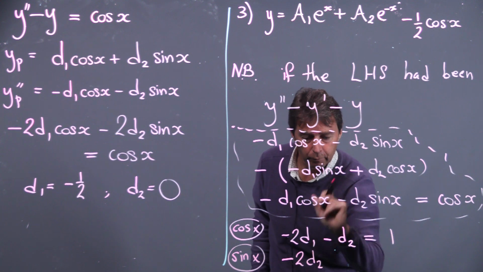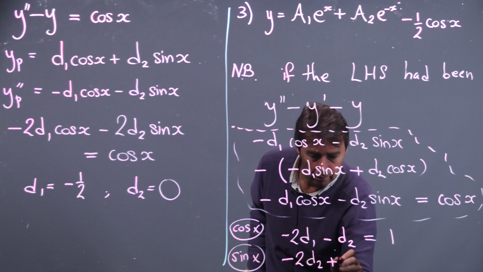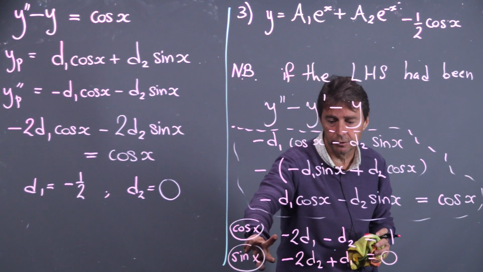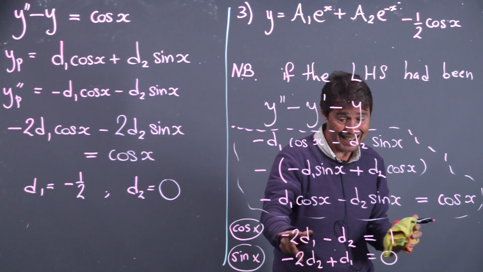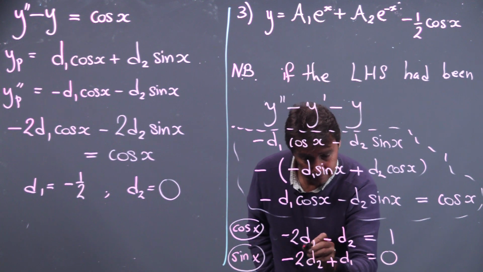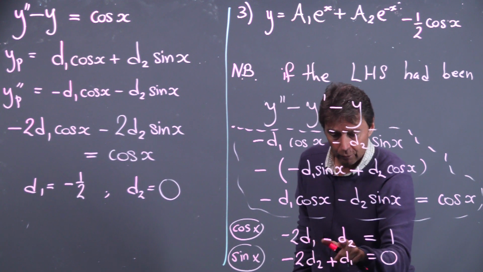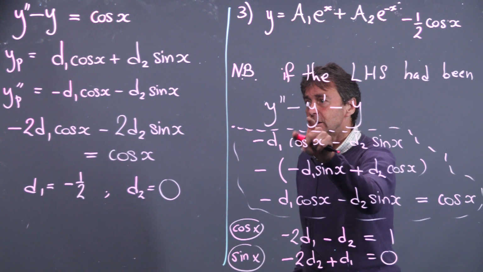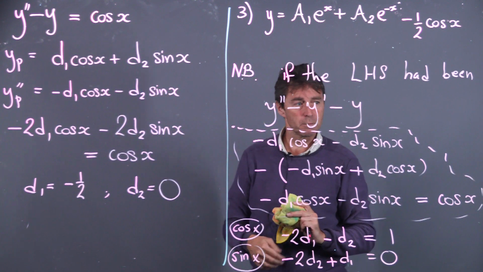But there's a 1 from here, right? That's from this mix-up by the first derivative. So at this stage, I have these two simultaneous algebraic equations to solve for d1 and d2. And it's pretty easy to see that both d1 and d2 are not 0. So if there's a first derivative term, you definitely need both of them. That's something to bear in mind.